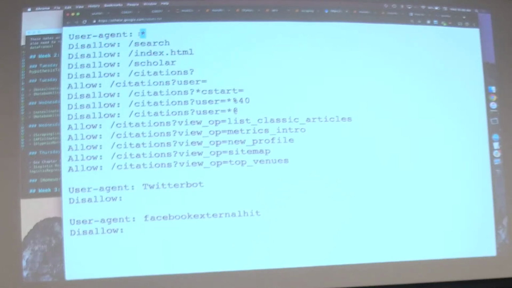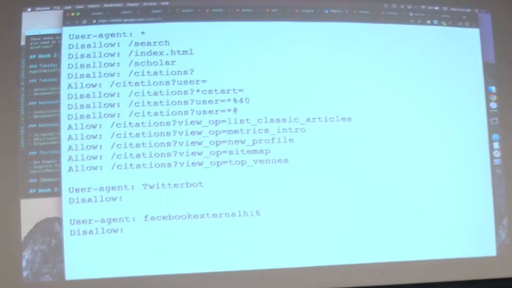This says anybody is not allowed to scrape these things, but they are allowed to scrape these things. You can't look at citations for everything, but you can look at citations for a particular user, I guess. Twitterbot and Facebook look like they can do whatever, or maybe nothing.